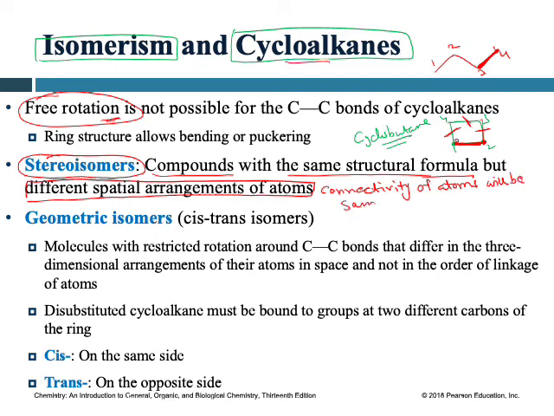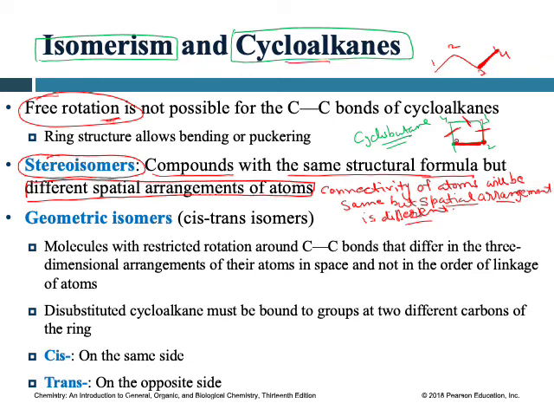So the bond is not going to break and the carbon atom is not going to go and attach somewhere else. The connectivity of atoms will be the same, but the spatial arrangement is different. So we're going to learn what spatial arrangement is.